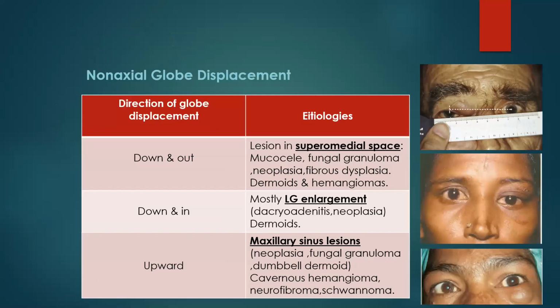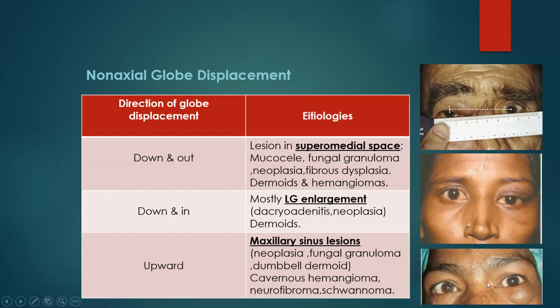Non-axial displacement can be categorized to down and out, like the first case here. So the lesion comes from the superior medial space. So the condition can be mucocele, fungal granuloma, neoplasia, like lymphoma, like in this patient particularly, fibrous dysplasia, dermoids, and hemangioma.